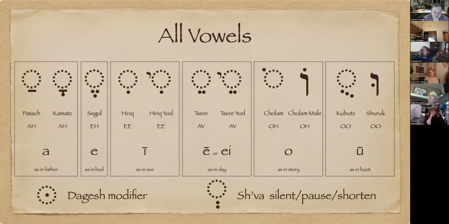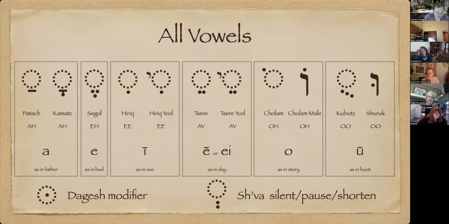I'll explain that at a further point when we have examples on the screen, but just don't worry about it for now. When we start to sight read some Hebrew, you might see those and go, where are those on the vowel chart? I don't see those anywhere. So I included it here so that you would know what that means and looks like.